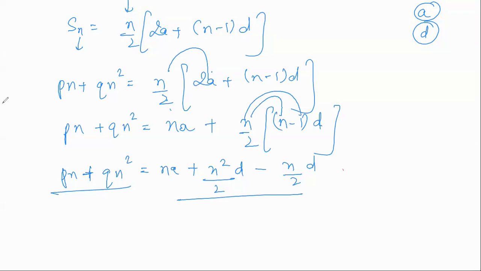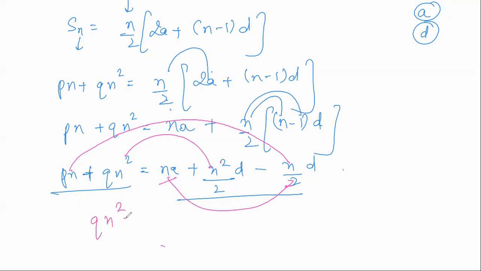We can compare the n square terms with the n square terms, or you can compare the n terms with the n terms. It's your choice. You have to compare Pn with both n terms, or you can compare n square directly with n square.